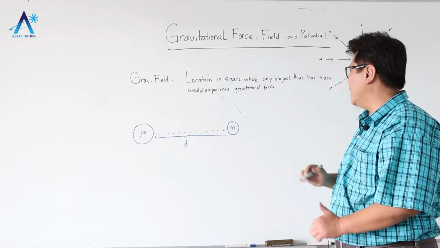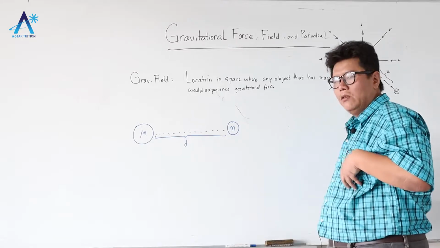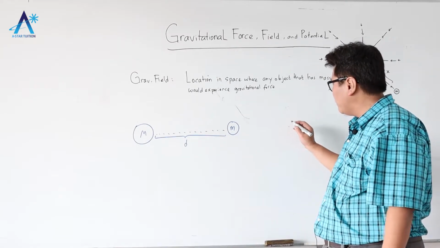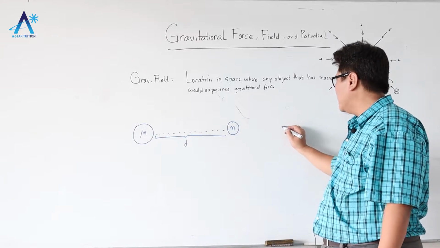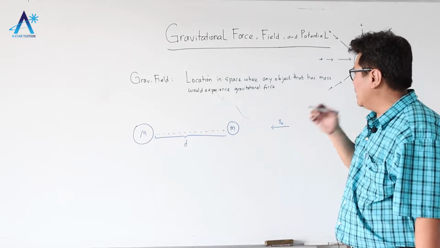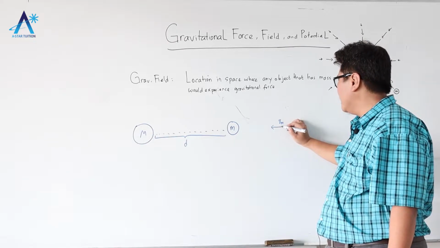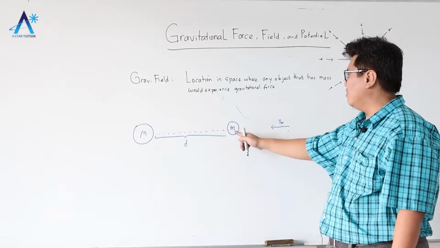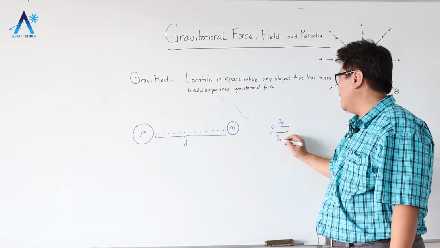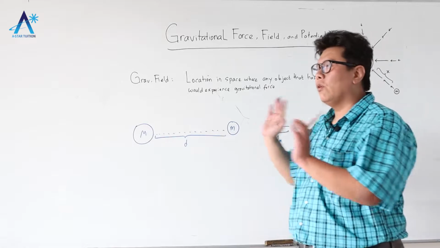It cannot be here. Let's say it's located here, then the gravitational field strength due to capital M is going to be this way, and due to the lowercase m over here, it is also going to be this way. So you know that they cannot possibly cancel because they are going in the same direction.